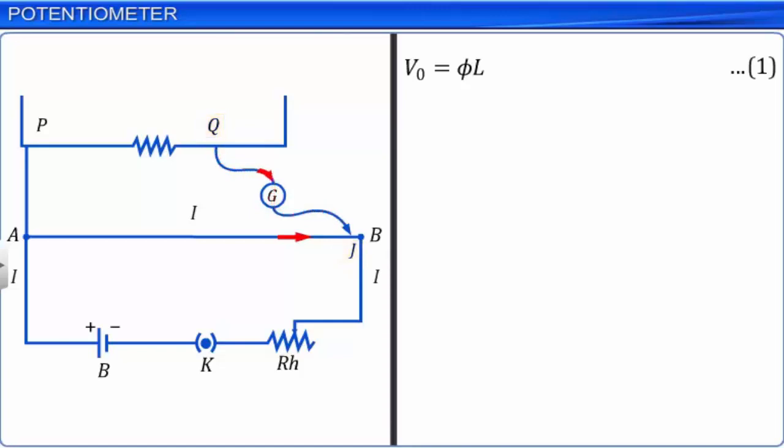Contact is made on the potentiometer wire using the jockey, which is pressed at various points on the potentiometer wire.